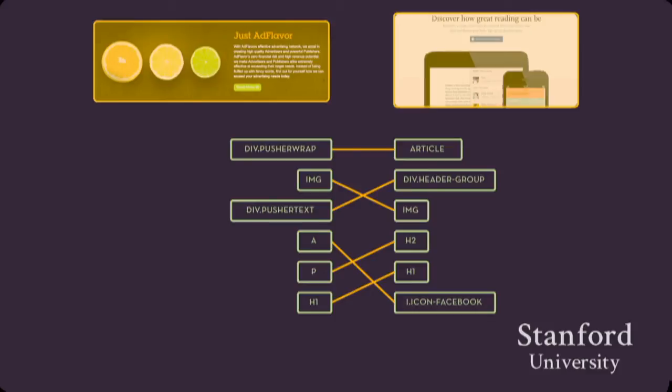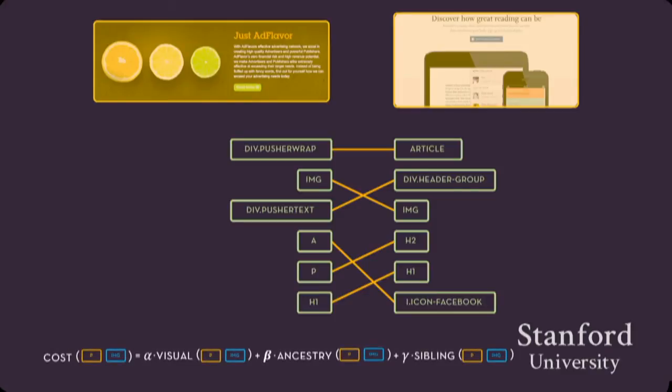Intuitively, you can think of this as first the elements that are semantically very similar on a page get mapped together, and then the ancestry and sibling cost determine how everything that's left over gets matched. And a nice feature of the flexible tree matching is that we can train the parameters of the algorithm on the corpus of human mappings that we collected.